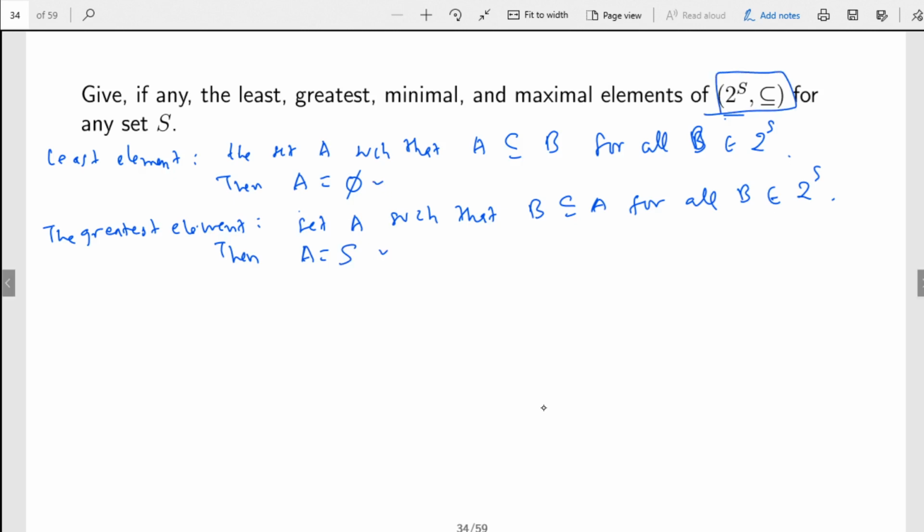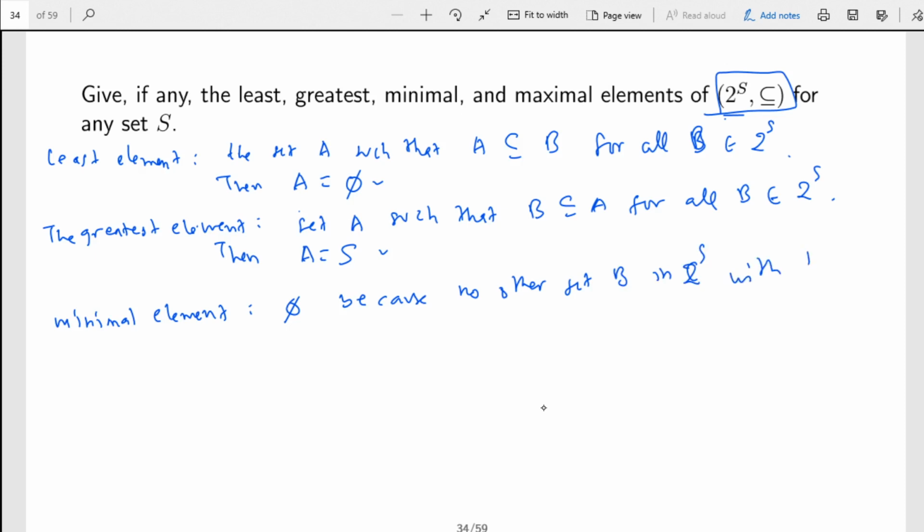Now, how about the minimal and maximal? Well, a minimal element is clear because the empty set is the minimal element, because no other set B in the power set is a strict subset of the empty set.